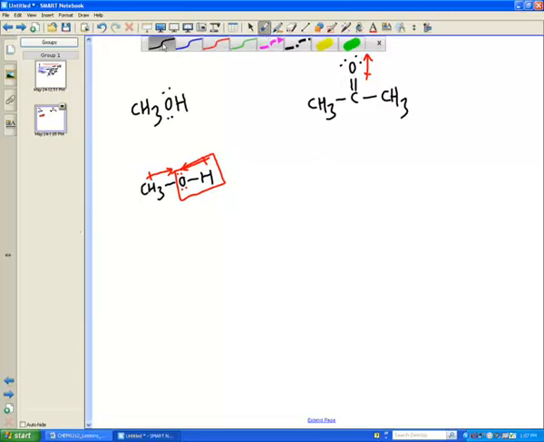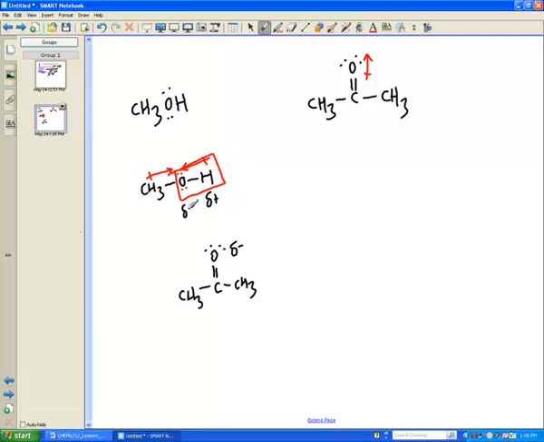And what happens is, when I draw that acetone out down here again, we've got our CH3 here again. I apologize for this being kind of messy. And I put these electrons on. Then the negative charge here is going to interact with the positive charge on that hydrogen, which is generated by the electronegativity of that oxygen.